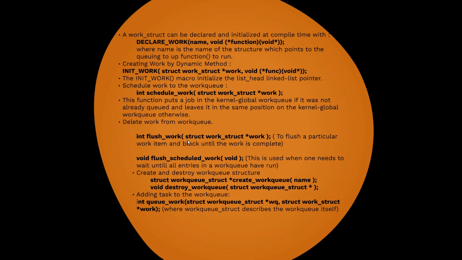So in this way, whatever we have done till now, we have created the work queue in a static method, we have created the work queue in a dynamic method, and we have created our own work queue.